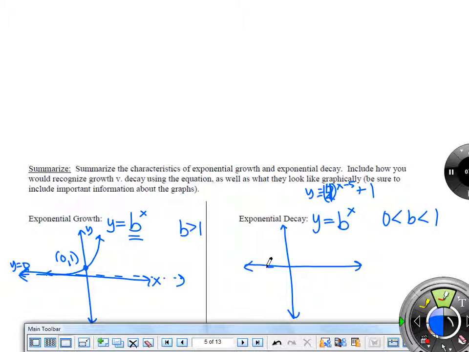So instead of going upward over here, it actually goes more like this, right? But the exponential growth and decay graphs still have some things in common. What does the exponential decay graph have that the exponential growth graph has also? Okay, an asymptote right here at y equals 0. Good.